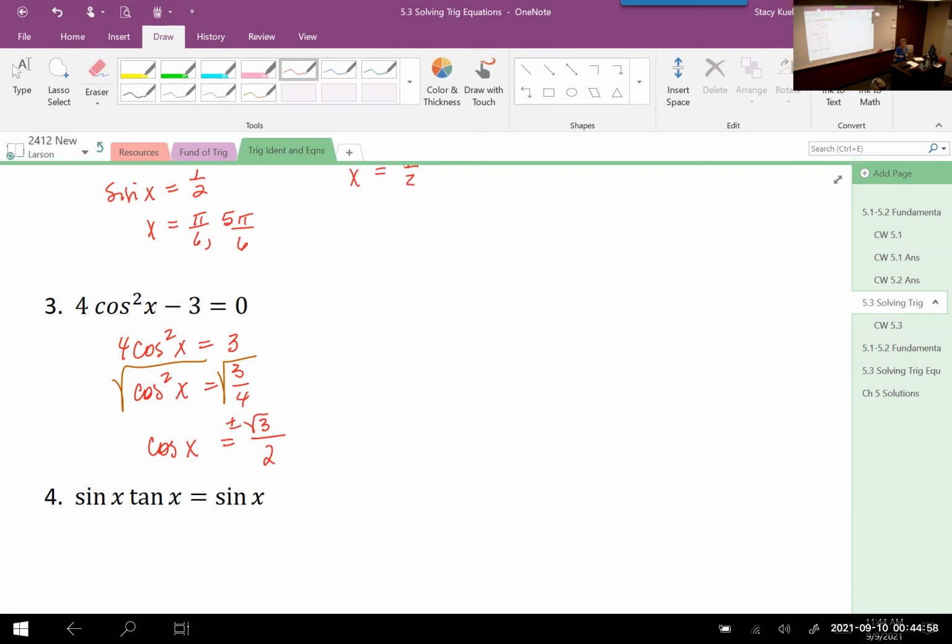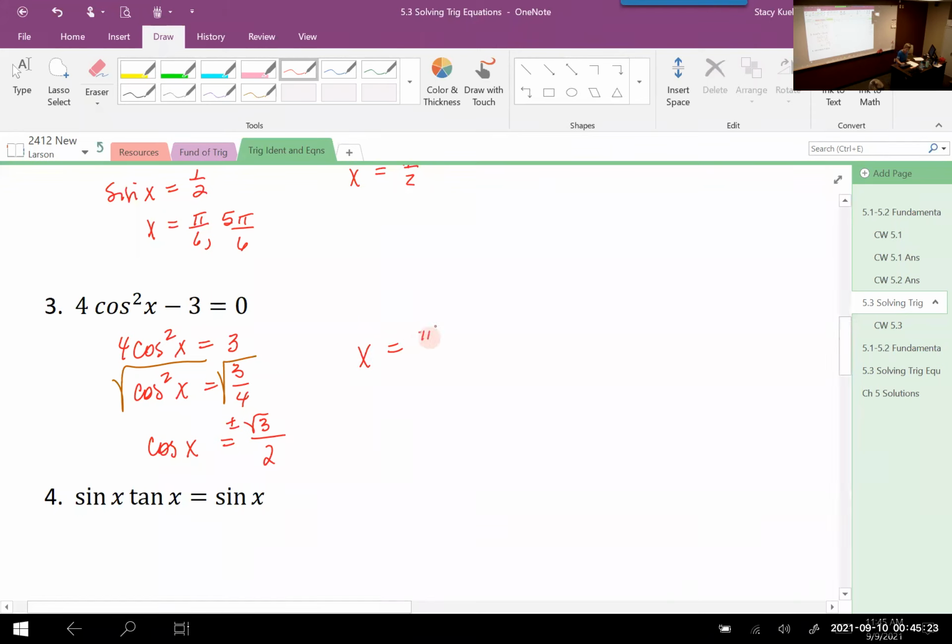So does that mean you're going to have all 4? That's exactly right. I'm going to have all the positive values which occur in 1 and 4 for cosine, and I have all the negative values which occur in 2 and 3, right? Okay. So the cosine of what angle gives me the square root of 3 over 2?